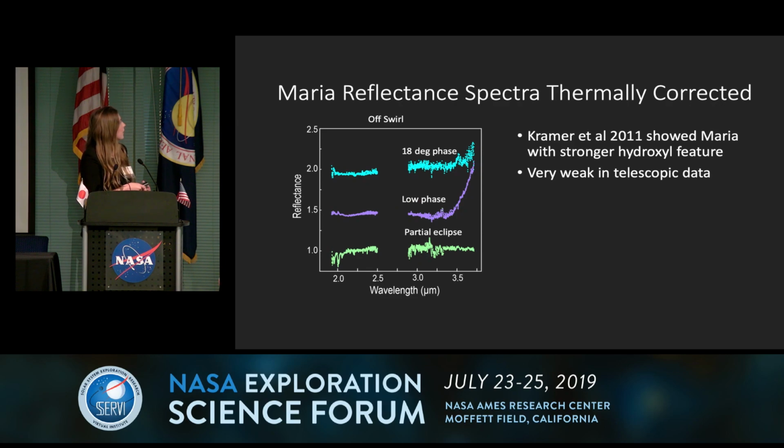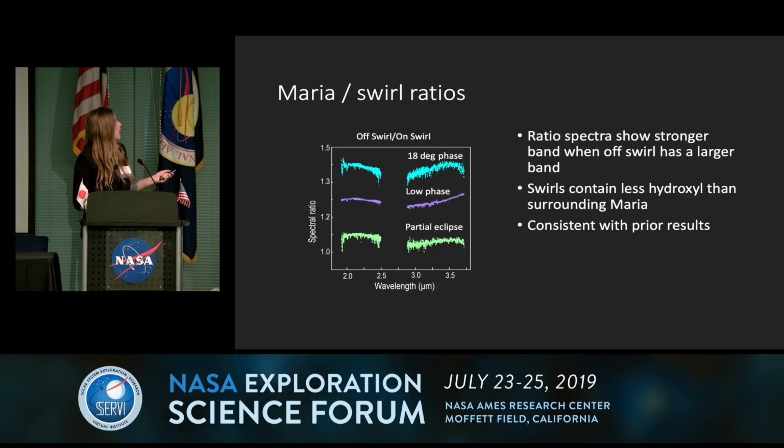All right, so basically, when we look at the maria as opposed to the Moon Mineralogy Mapper data, we do see a weak hydroxyl feature, so it's not as strong as seen in the Moon Mineralogy Mapper data, but it's still there. I realize that's a little hard to see, but what we did was ratio the off-swirl maria spectra to the on-swirl more immature spectra, and that helps us see the contrast better.